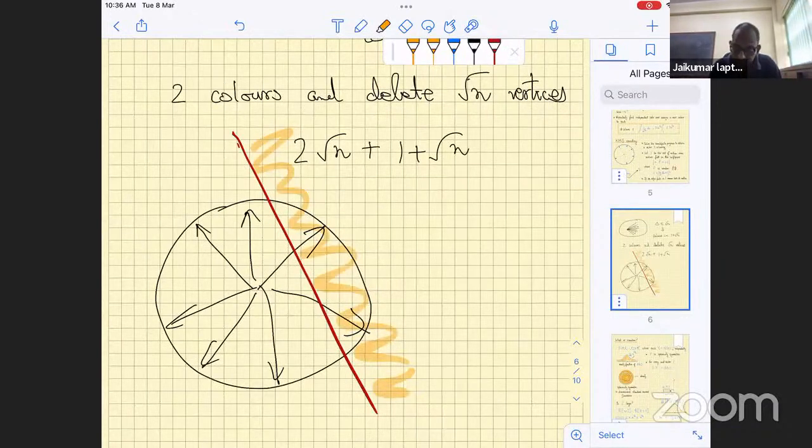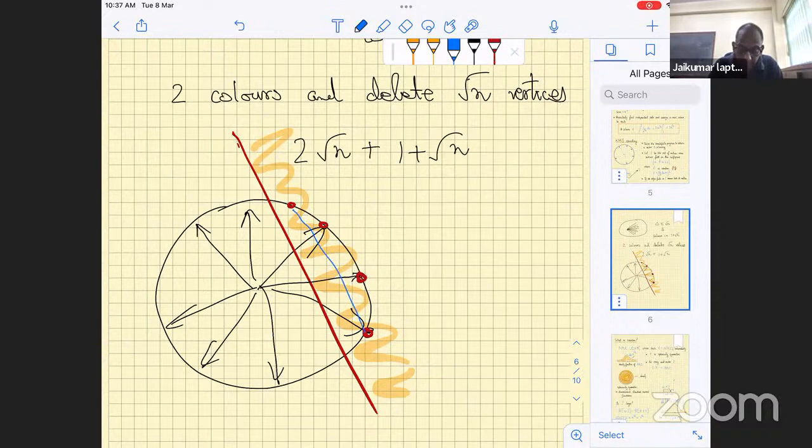So there were some vectors which fell in this part. These vertices of the original graph are here, but it could be that there is an edge between two of these vertices. There could have been an edge between this and this.